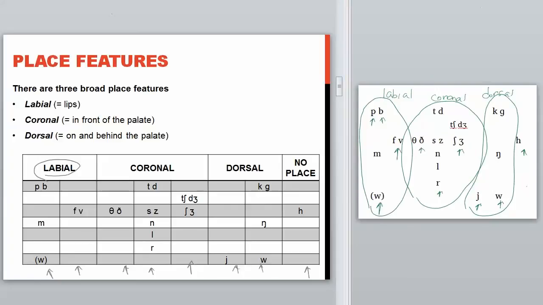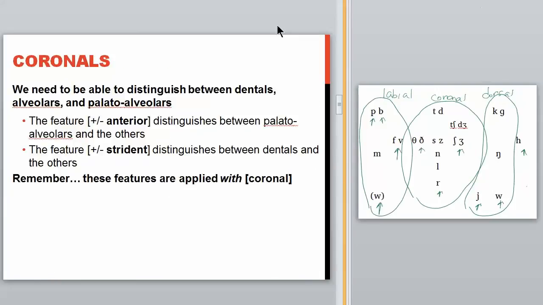Now, for the coronals, we need to further distinguish between dentals, alveolars, and palatal-alveolars, as we can see that English contains fricatives for each, the th being dentals, the s being alveolars, and the sh being palatal-alveolars. Now, we need further features within the coronal feature to identify these.